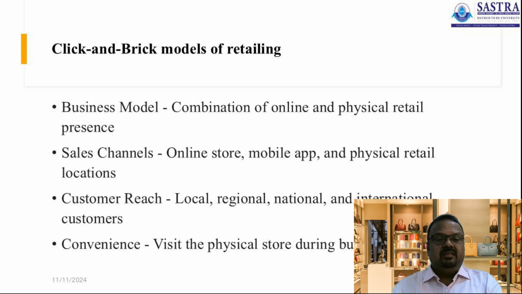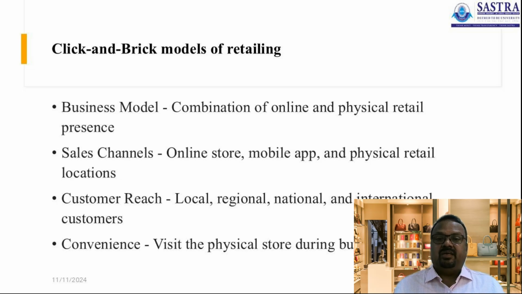The other one is the reach of the customers. Customer reach is again a very important aspect, and when you have both click and brick models of retailing, say for example, if you decide to have your store in a particular location, then definitely customers in that location are reached effectively with your physical presence.